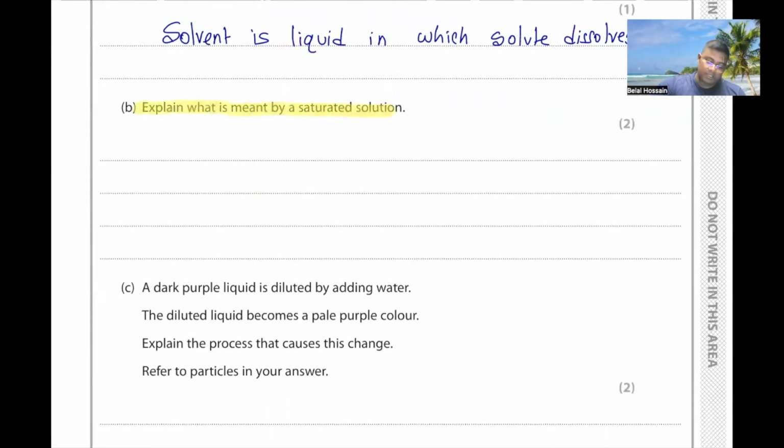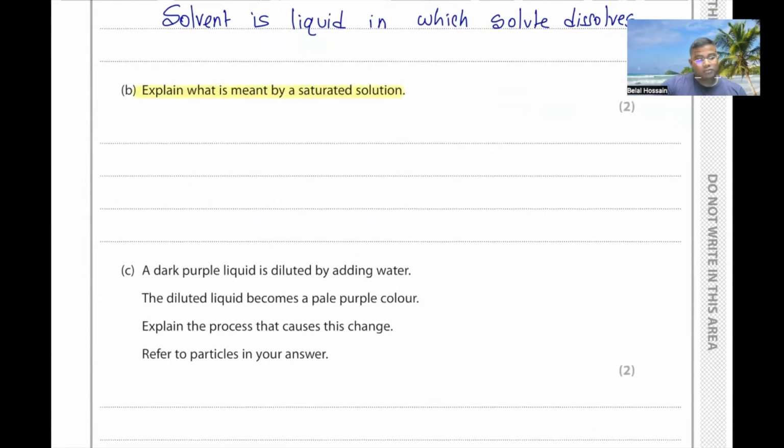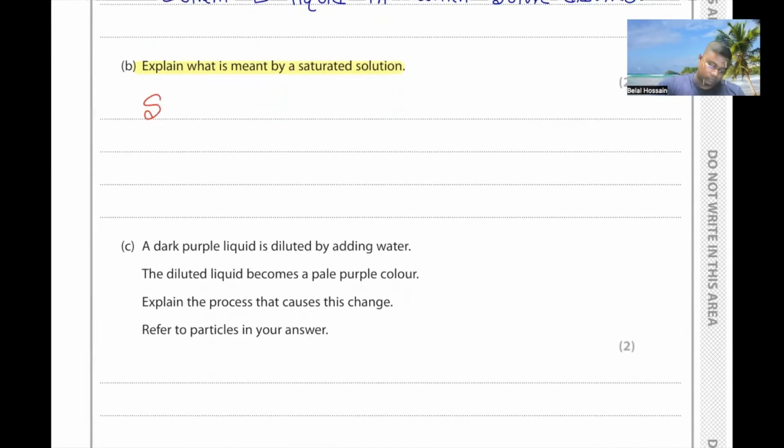Explain what is meant by saturated solution. A saturated solution basically means that this particular solution does not have any more ability to dissolve any more of that particular solute at that particular temperature and pressure.